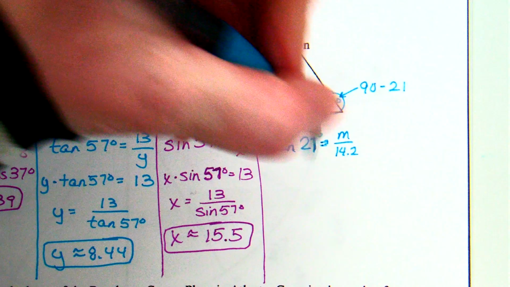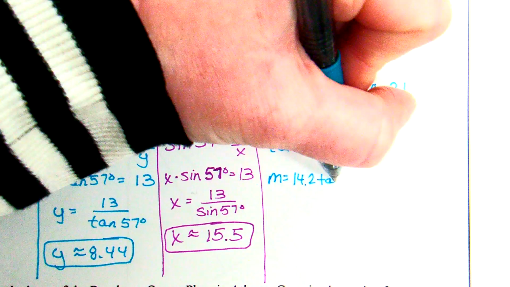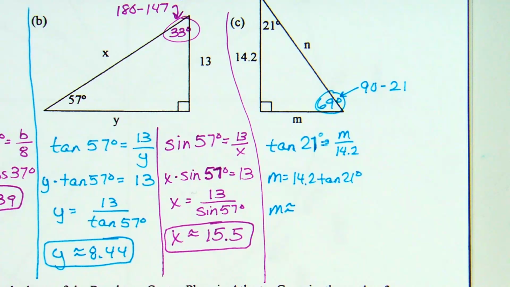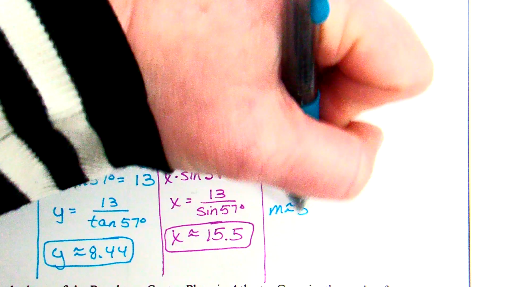Multiply by 14.2. M is 14.2 times the tangent of 21 degrees. What's the calculator say on that one? I can guarantee it's decimal, but what decimal? Okay, 5.45.